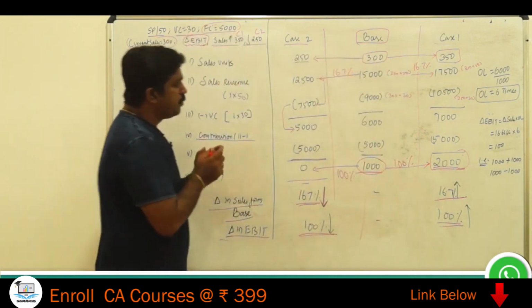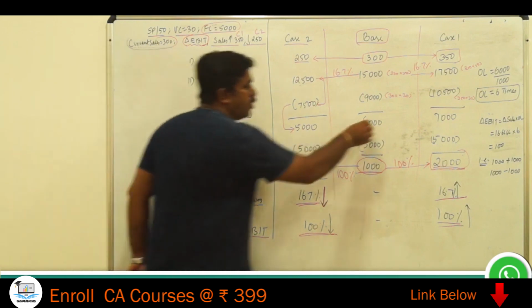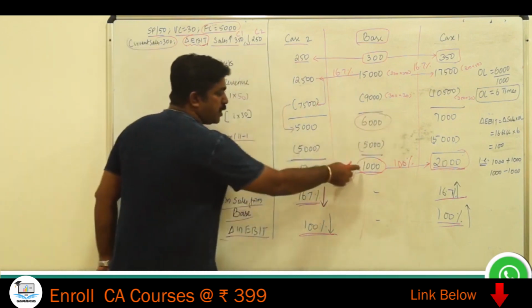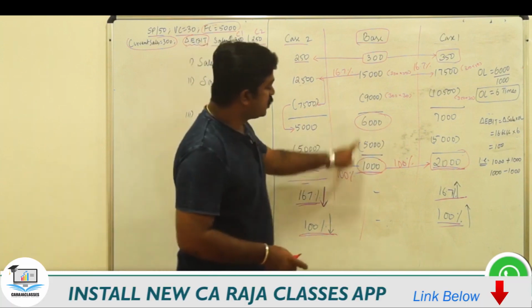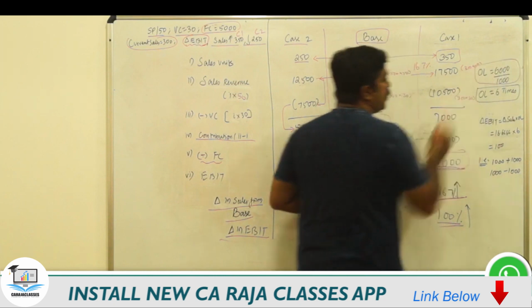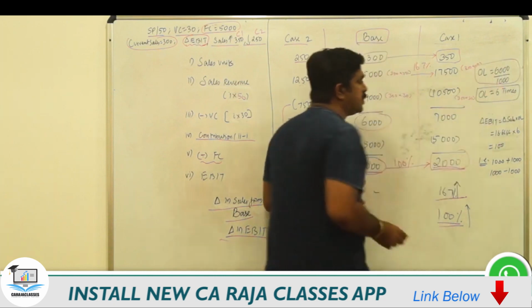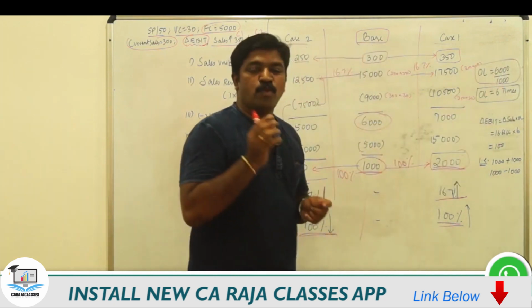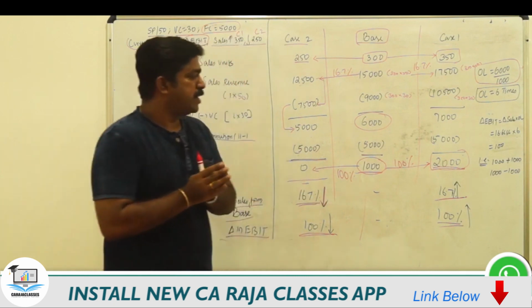If you look at the base case here, the contribution is 6,000 and your EBIT is 1,000. Contribution divided by EBIT will give you operating leverage. 6,000 divided by 1,000, you get operating leverage equal to 6 times. And what does this operating leverage communicate?